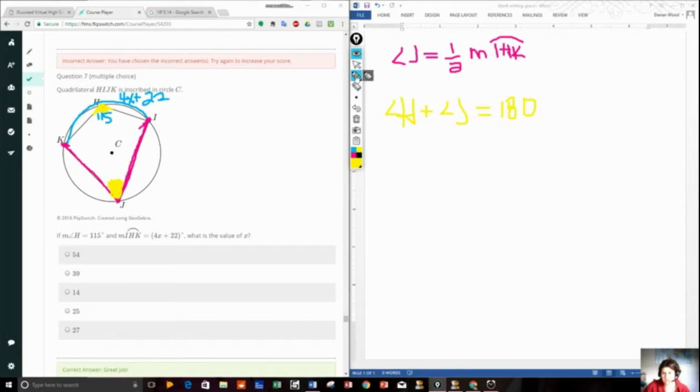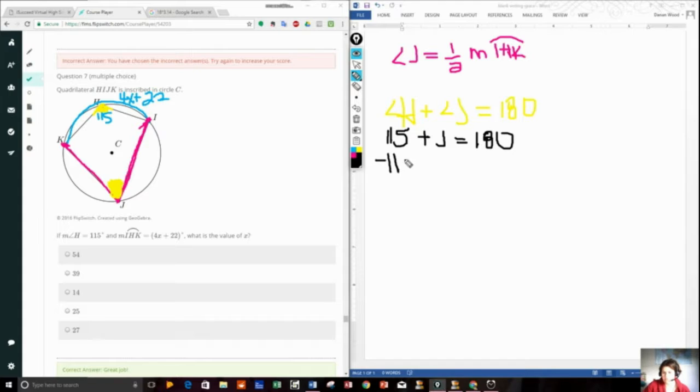So let's use our substitution. The measure of angle H is 115 degrees. We don't know the measure of angle J, but added together H and J equal 180.